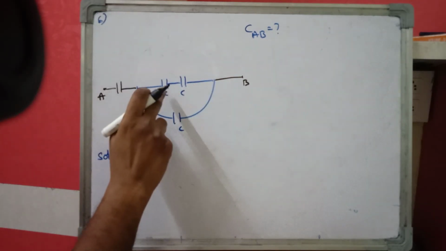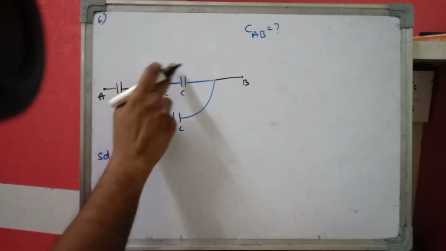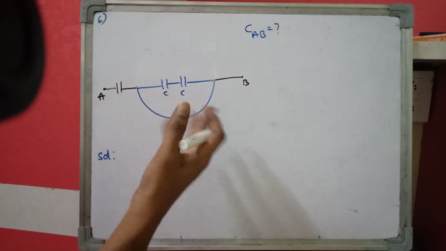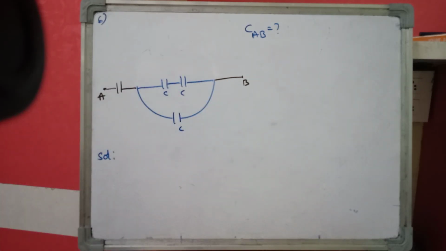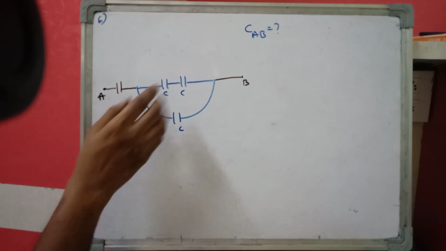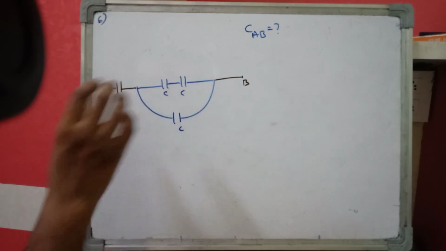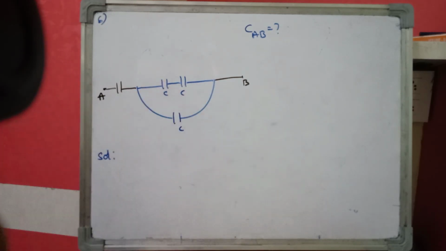Now tell me how these two capacitors are connected. While moving charge from this capacitor to this capacitor, there is no splitting of charge, which means these two capacitors are in series. Here charge distribution takes place into two parts, which means this part is parallel with this part. Remember, wherever charge distribution takes place, the two branches are parallel.